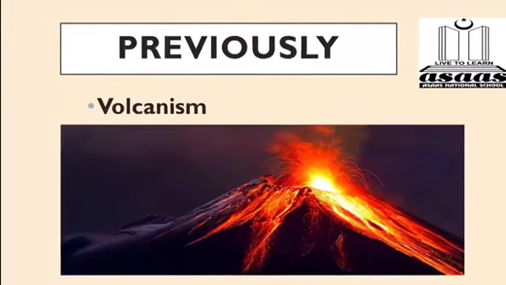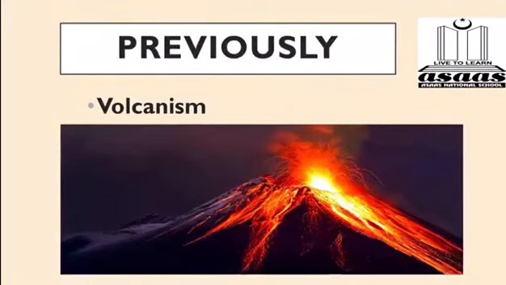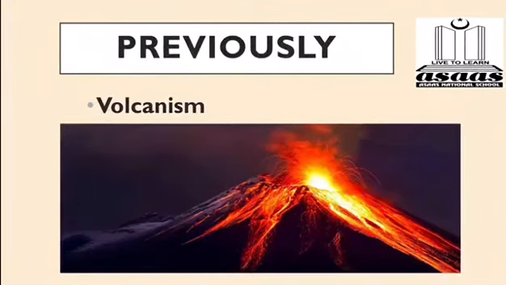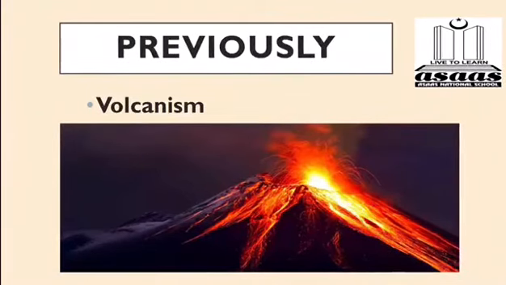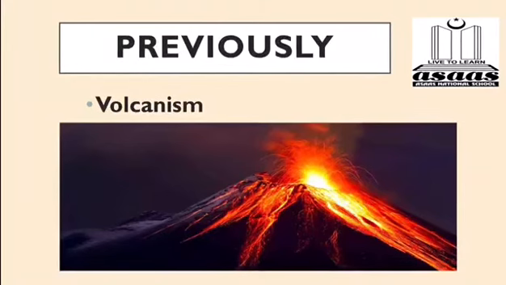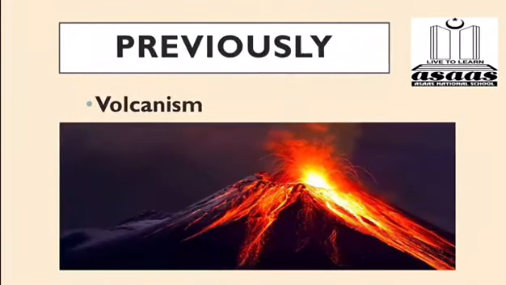In simple words, when the lava comes out of the surface of the earth and the volcanic eruption happens, it's all about the volcanic activity. I told you volcanic activity ranges from emission of gases and non-explosive lava emissions to extremely violent explosive bursts that may last many hours.